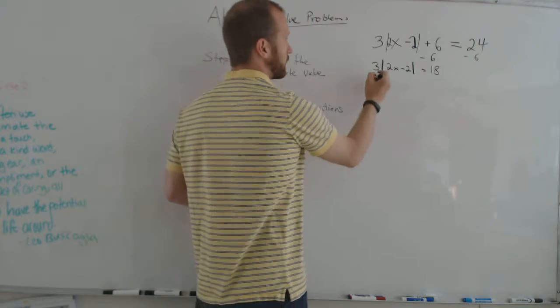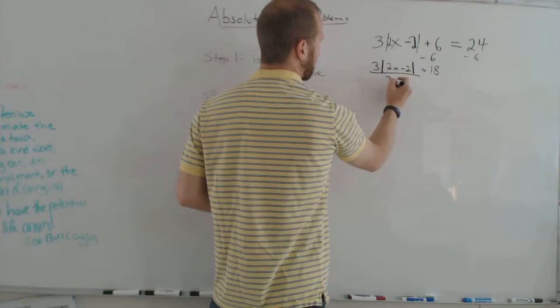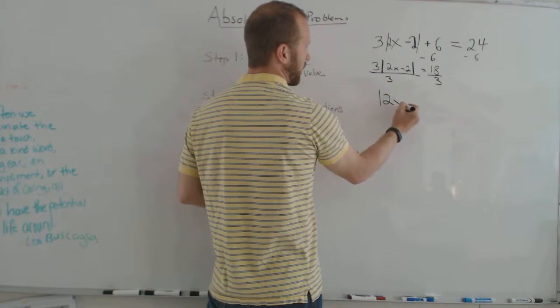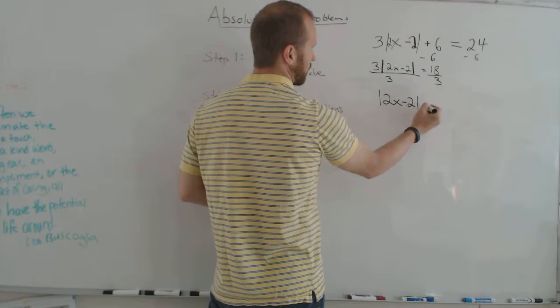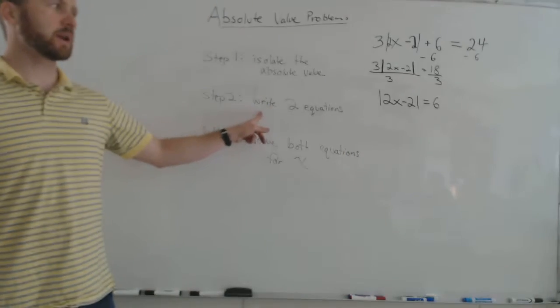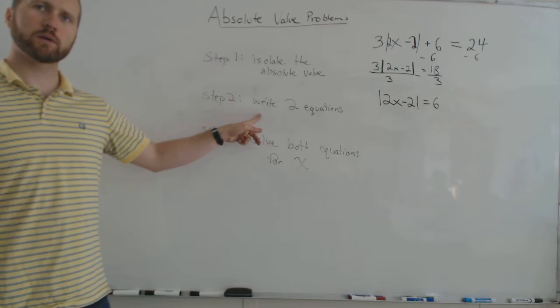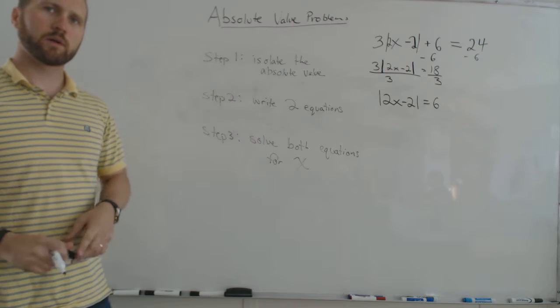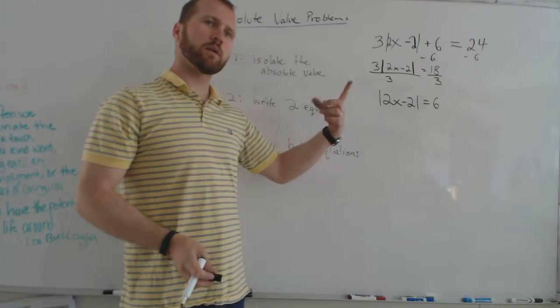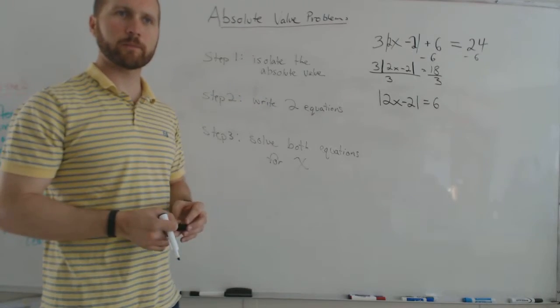Yeah, exactly. So we're going to divide by 3. And so now I have 2x minus 2 equals 6. Can I go on to step 2? Can I write two equations? Look at my left side. Is it just an absolute value? Nothing outside the absolute value?